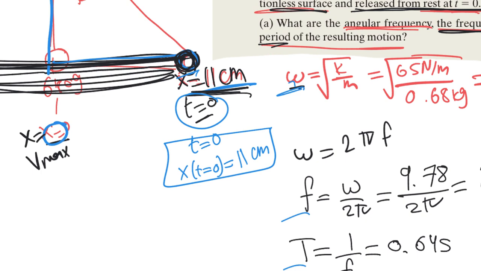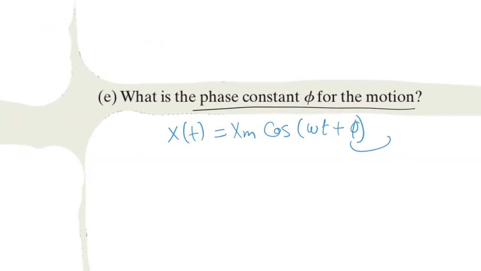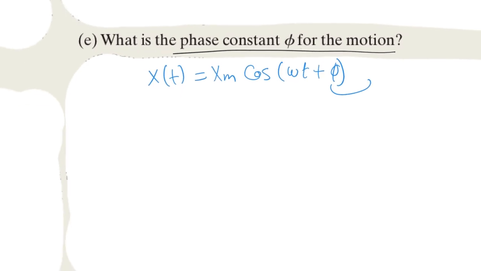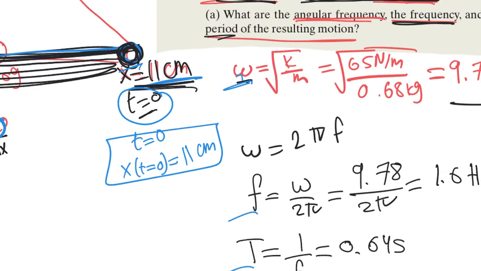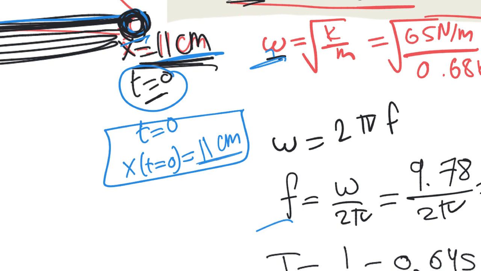Okay, here in this question x(t) equal to that, so x(0) equals xm cosine(omega times 0 plus phi). Now x at t equal to 0 is equal to 11 centimeters, which is the xm.